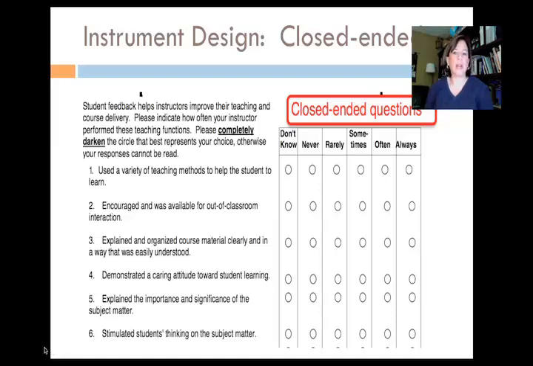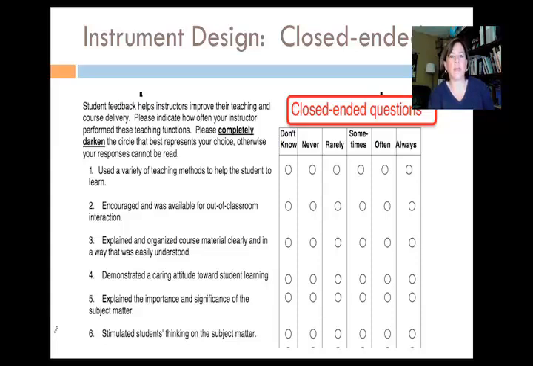So there are different types of questions on a survey. One type is called closed-ended. And what closed-ended means is that you don't allow the respondent to come up with their own response.